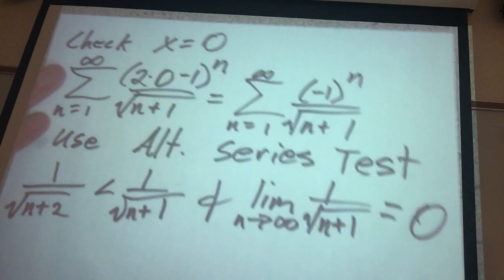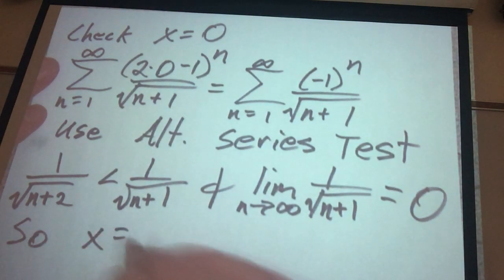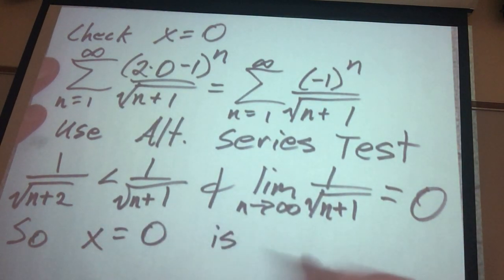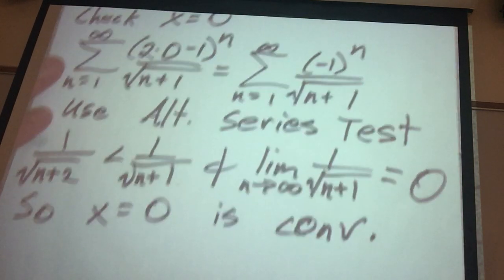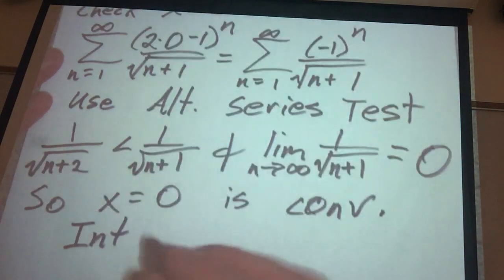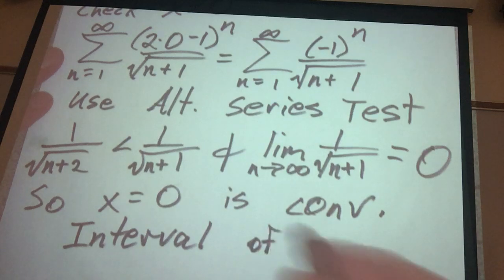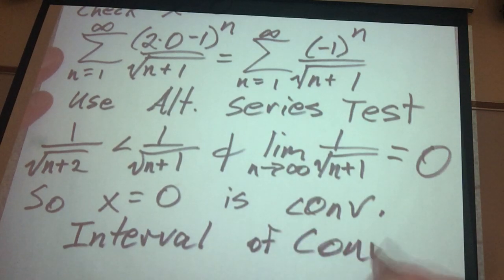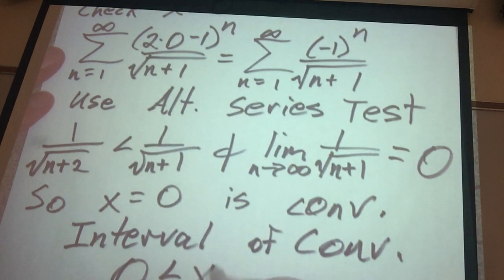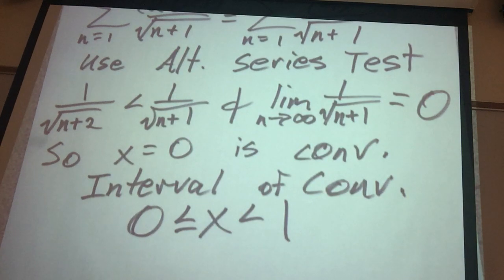So x equals 0 is convergent. Hence the interval of convergence is 0 less than or equal to x, which has to be less than 1. That is the interval of convergence of that problem.